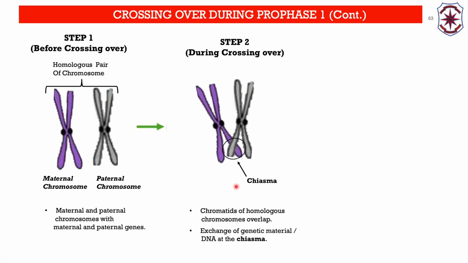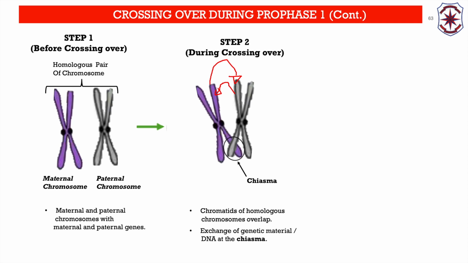By exchange, what do we mean? We mean some of the purple genetic material from the maternal chromosome will go to the paternal chromosome, and some of the genetic material from the paternal chromosome will go to the maternal chromosome.